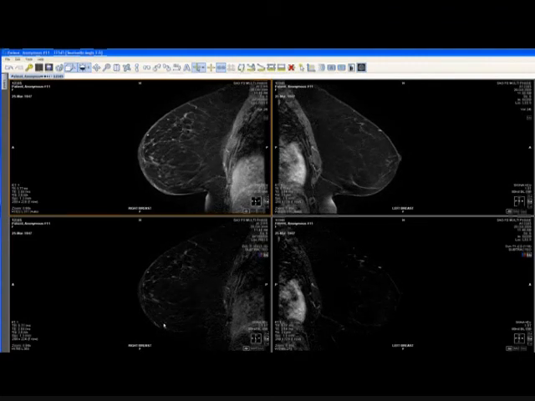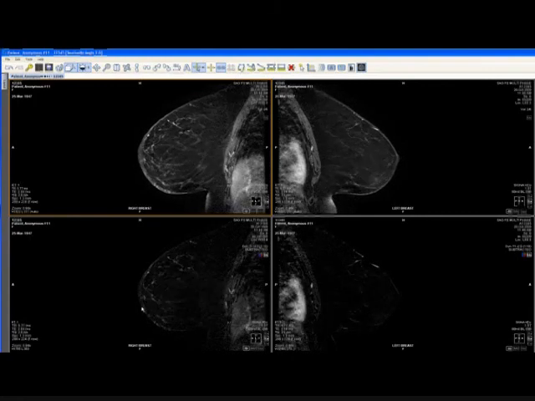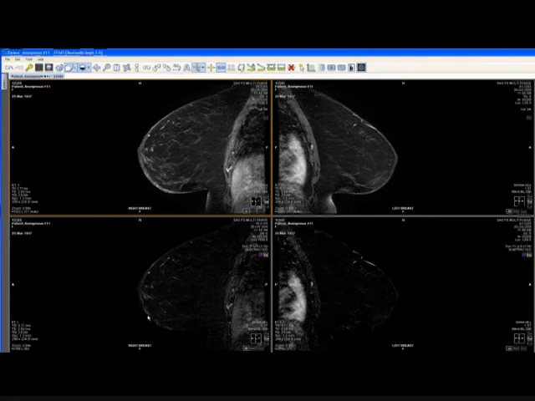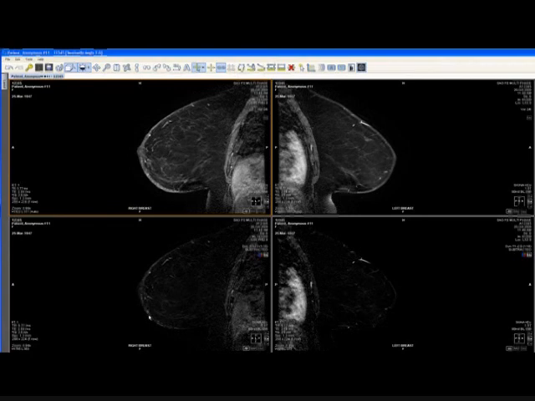But then if you look carefully, you see this abnormal, somewhat irregular and interrupted enhancement of the skin. This is a characteristic finding with inflammatory breast cancer. Not real commonly seen. I've had cases of inflammatory breast cancer that didn't necessarily show this, but when you do see this, you can be pretty confident of the diagnosis.